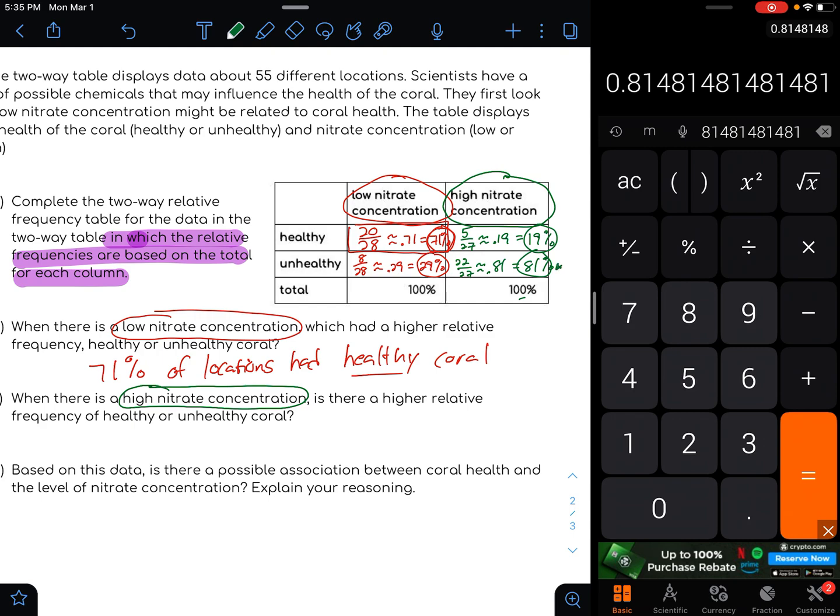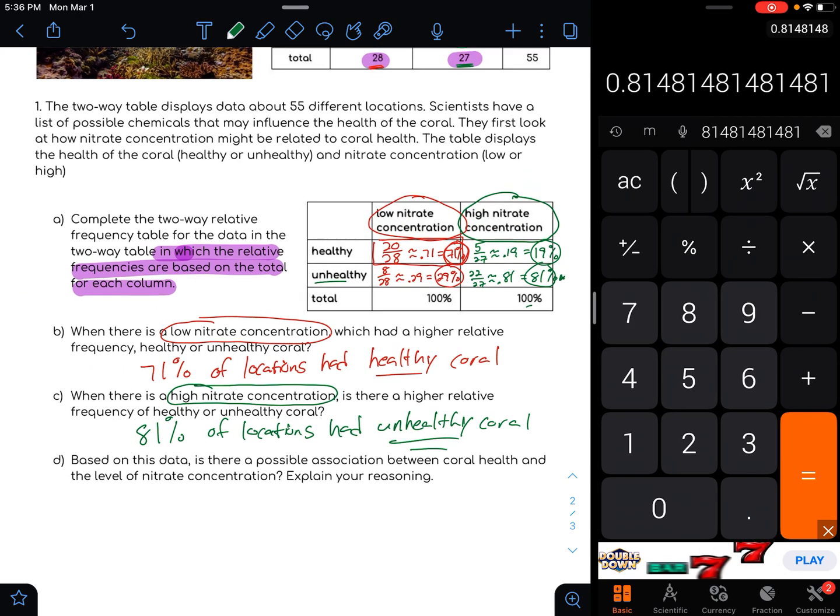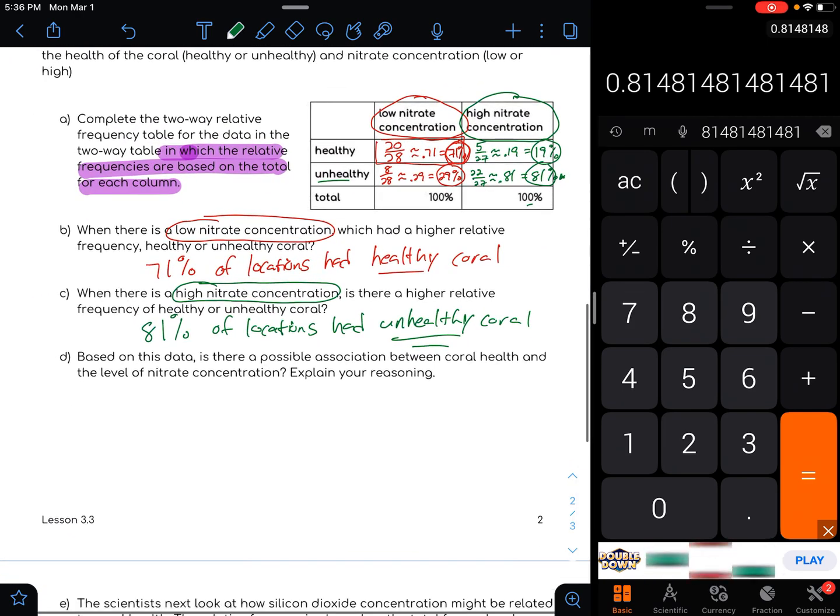In this case, that 81% in the unhealthy was the higher percentage. So 81% of locations had unhealthy coral. So that's how we might interpret those.